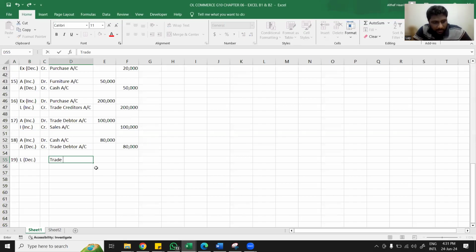Trade creditor liabilities decreasing, debit. Cash asset is decreasing. Any transaction, two impacts. Always there are two impacts. Credit.